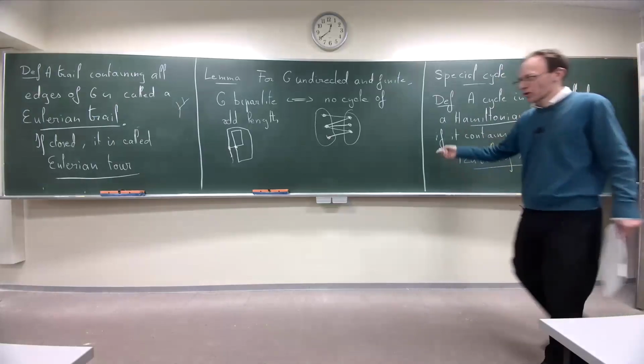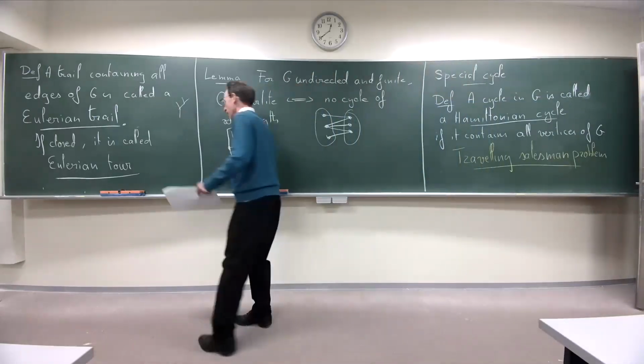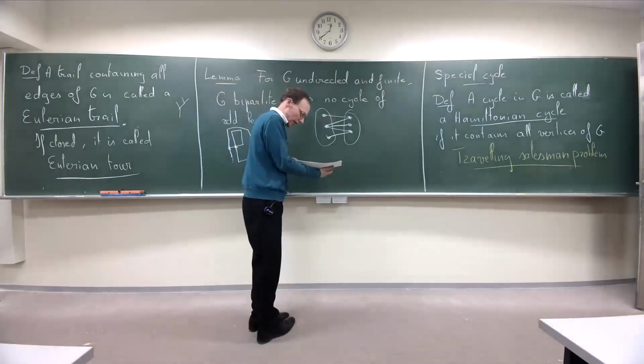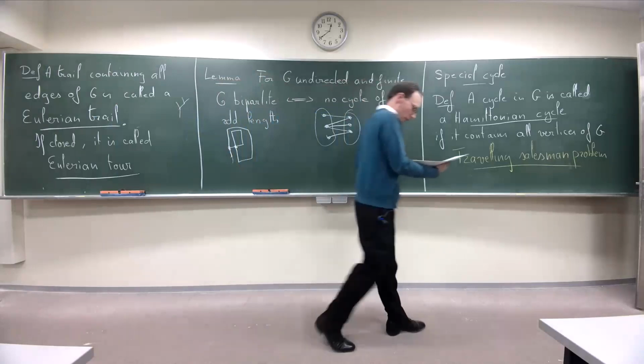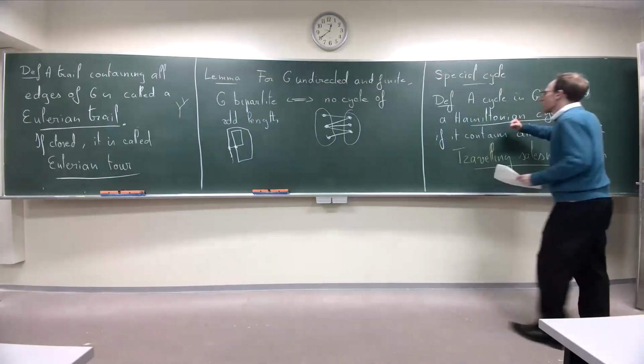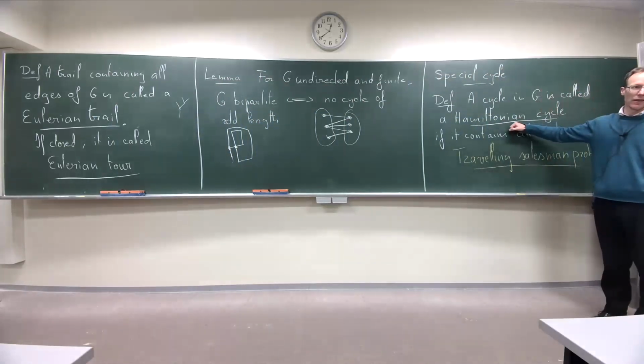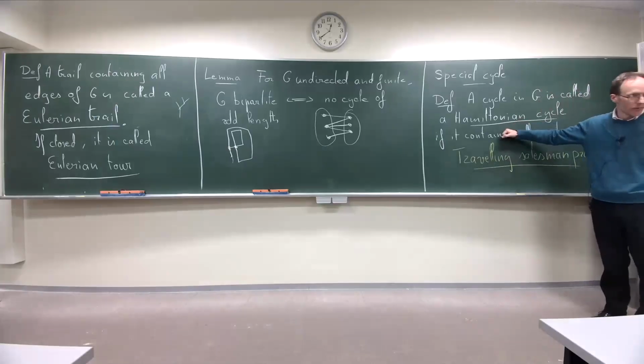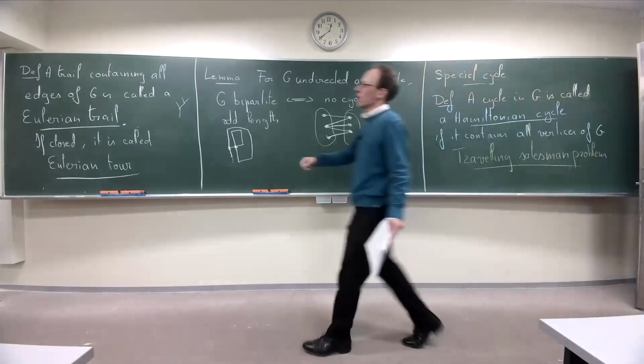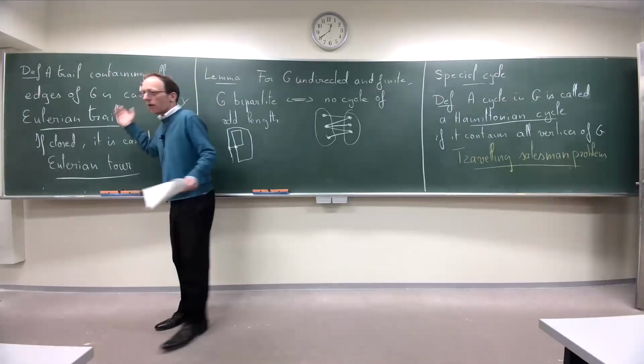But for some graphs, you can find a Hamiltonian cycle or an Eulerian trail. And if you can find a Hamiltonian cycle, you call it a Hamiltonian graph. If you can find an Eulerian trail, you call it an Eulerian graph.